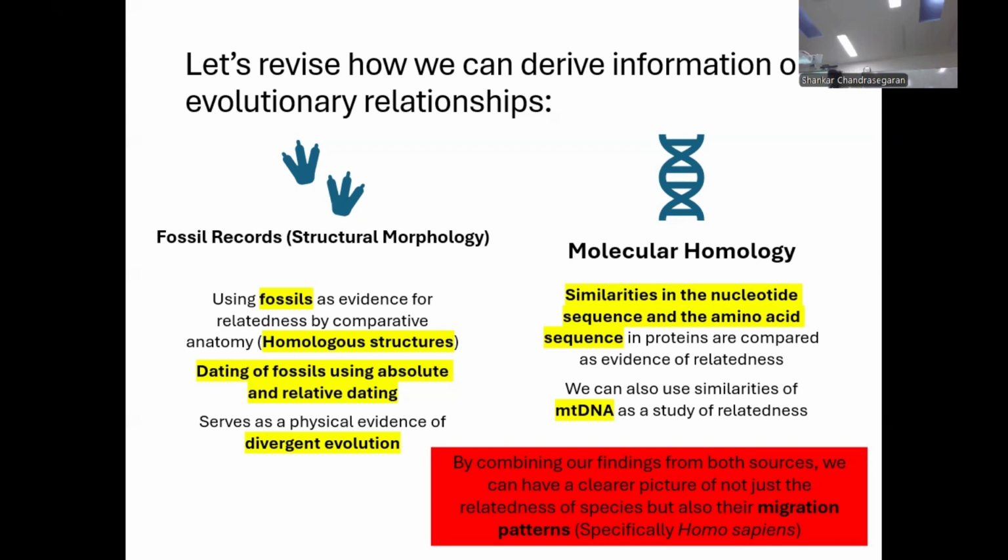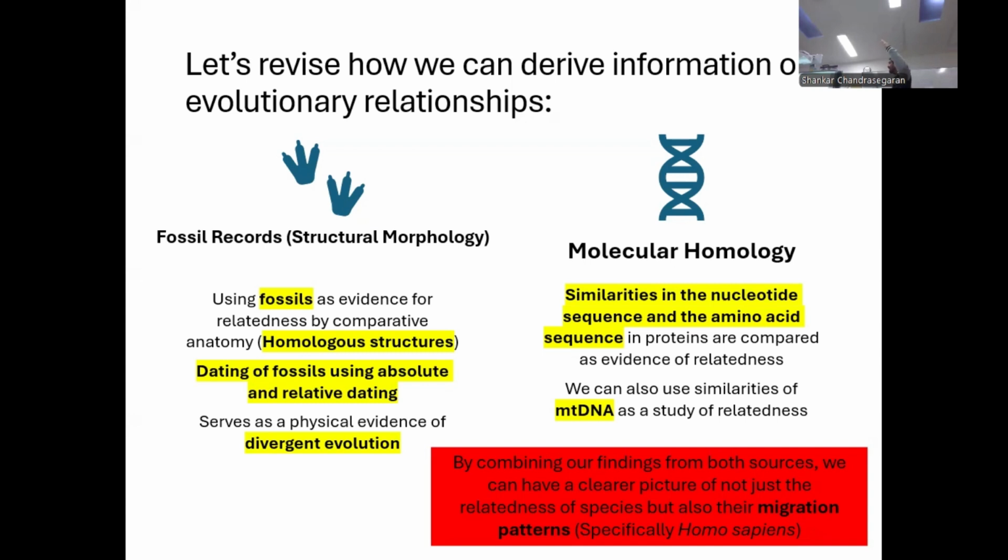Using these homologous structures as evidence for relatedness is also a way to serve as physical evidence of divergent evolution. In the sense that if we see different species have homologous structures, we can use that as physical evidence of them having diverged at one point from each other, right?